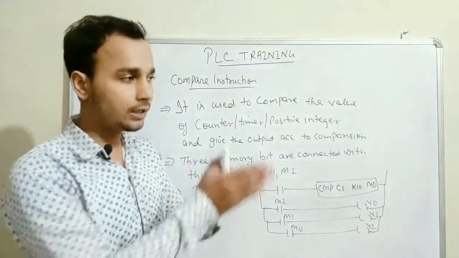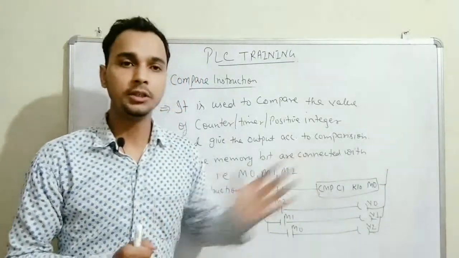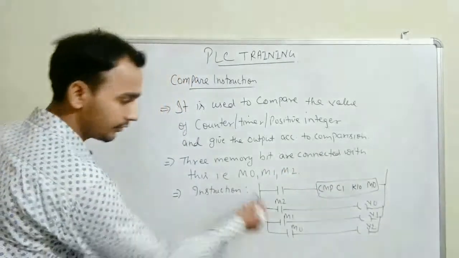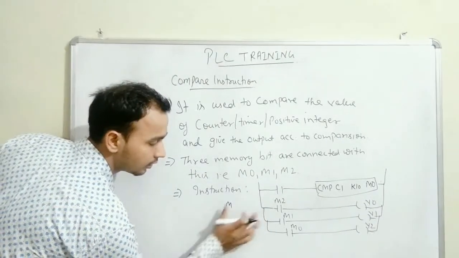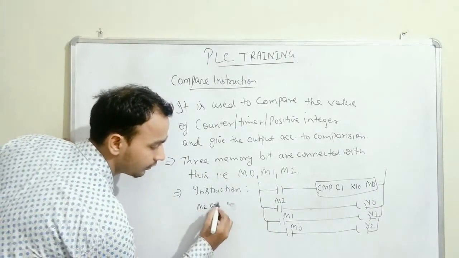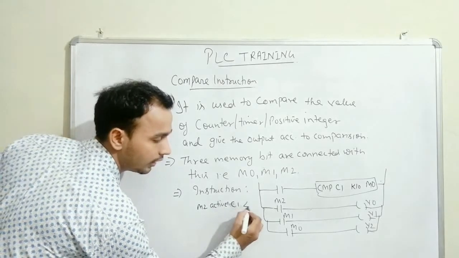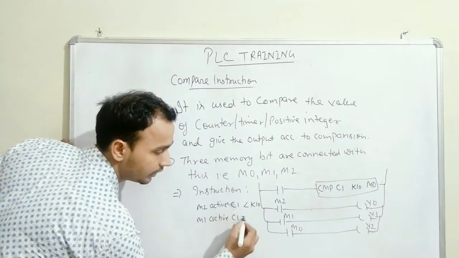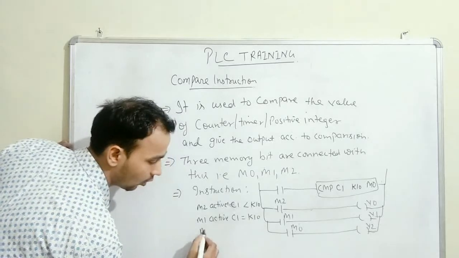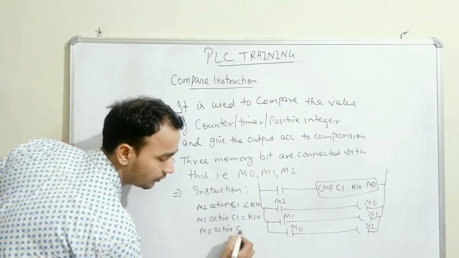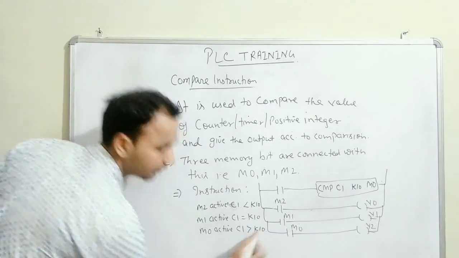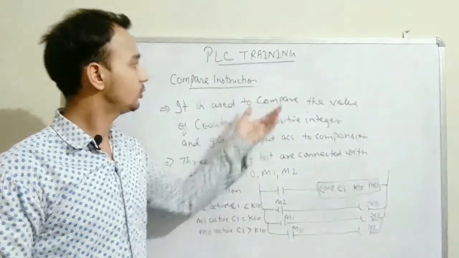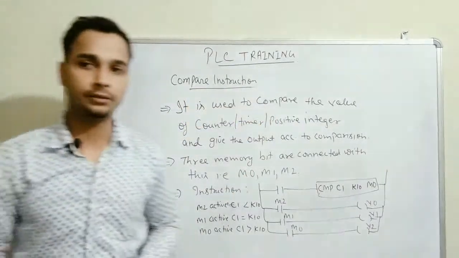So I can write here: M2 active if C1 less than K10, M1 active if C1 equal to K10, M0 active if C1 greater than K10. Please write it fast, and I'm going to explain zone compare.